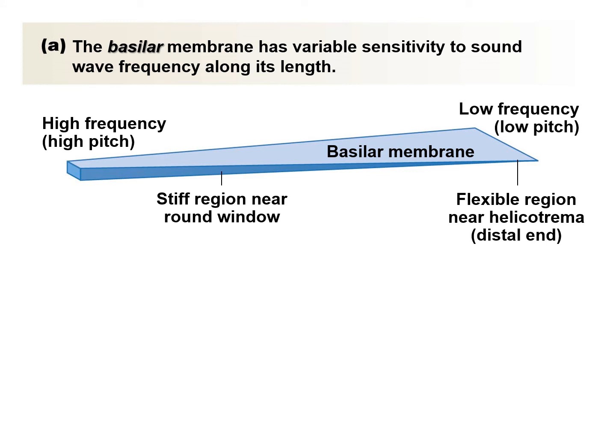So if you get a given pitch, it'll only vibrate one region of the basilar membrane, and it'll only stimulate those cells in that region. Now, if it's louder, it'll stimulate more cells in that region, centered on a given wavelength. So that's where we get population coding in the organ of Corti: the basilar membrane vibrating, which then pushes the hair cells and the stereocilia into the tectorial membrane.